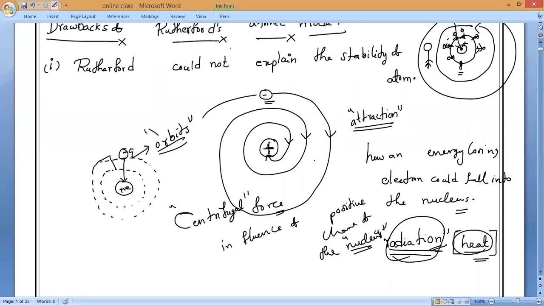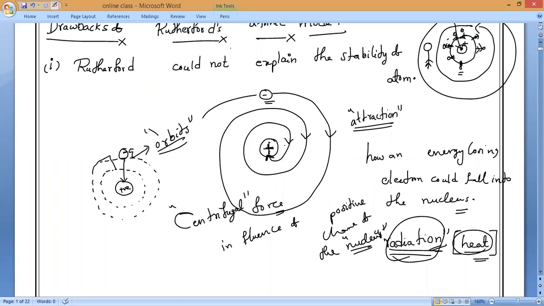Due to the decrease in energy, slowly their speed will keep on decreasing or increasing? Decreasing. They keep on decreasing and come closer to the nucleus. Ultimately, at a certain time, they must fall into the nucleus.